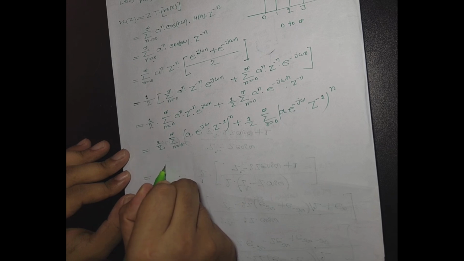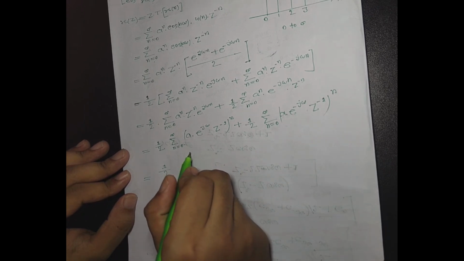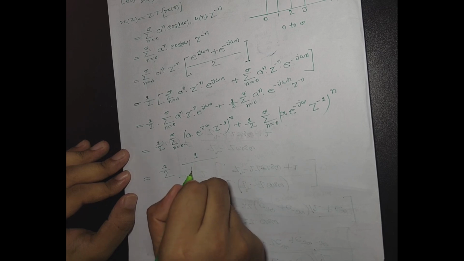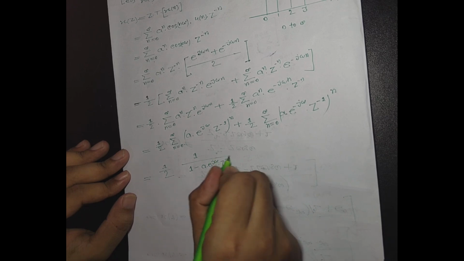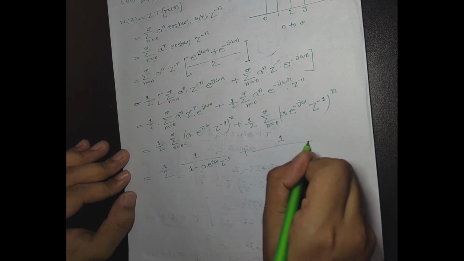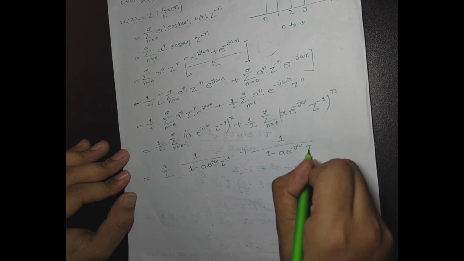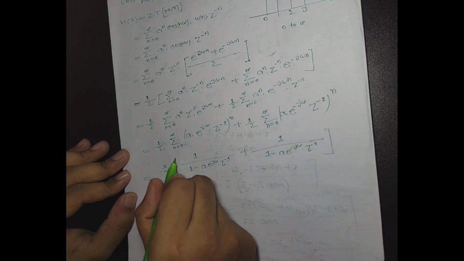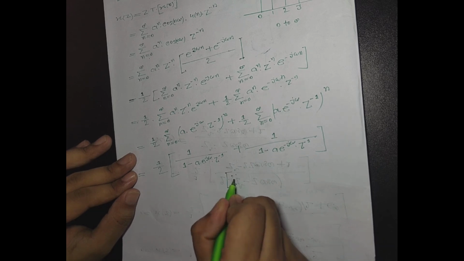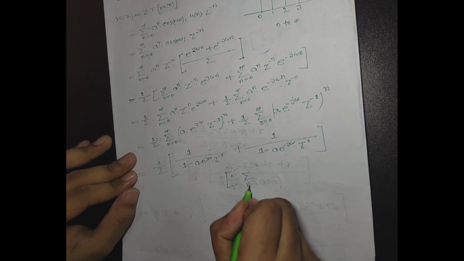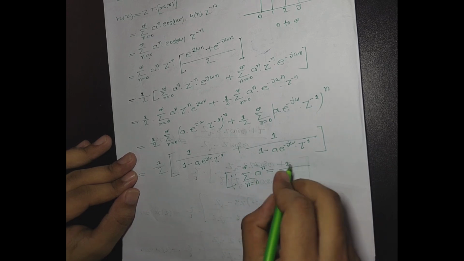And half of the sum plus the other sum. We know that summation of n equal to 0 to infinity a to the power n equals 1 by 1 minus a.